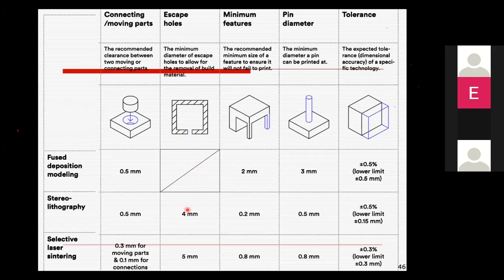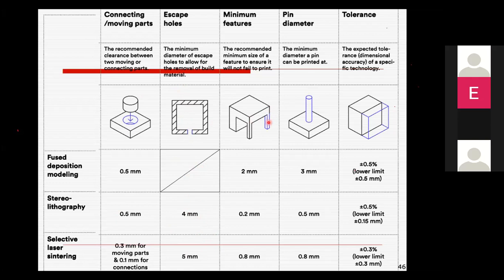But it is needed for SLA, vat based systems or a powder bed based system, where we need to follow these sorts of constraints, whenever you have these features in your design, or you are intentionally creating some escape provision for your design.